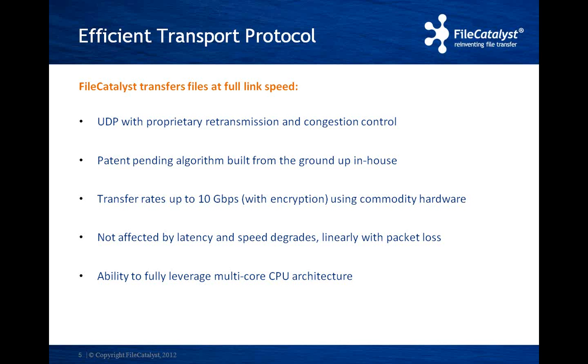And finally, the protocol has also been built to leverage multi-core architecture. This is important if you want to send files very fast at, let's say, 1 gigabit or 10 gigabits, which is what this webinar is going to be talking about: how to send files on a local area network. I'll be showing you how local area network connectivity also suffers from latency because of the fast speed.